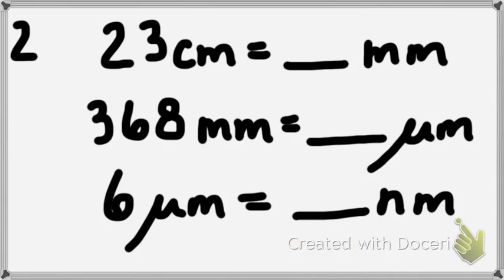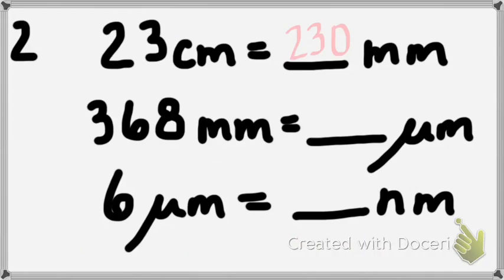All right, so based on what we just did, this is question number 2. We're going to do these conversions. So I have 23 centimeters. How many millimeters would that be? 230. Excellent. Who told me that? Nyla? Good job. 230. She moved the decimal place one time to the right.